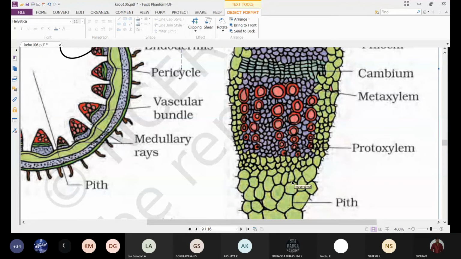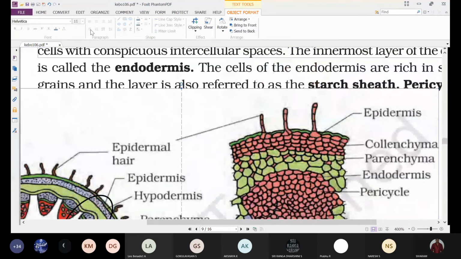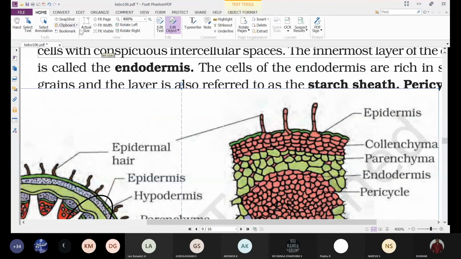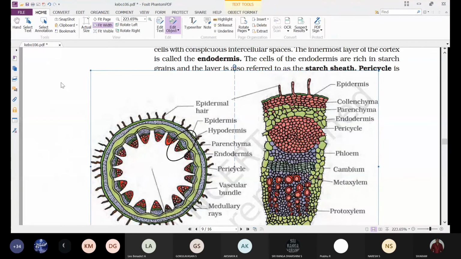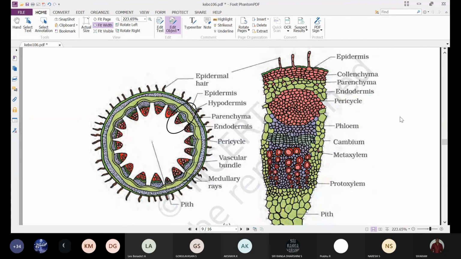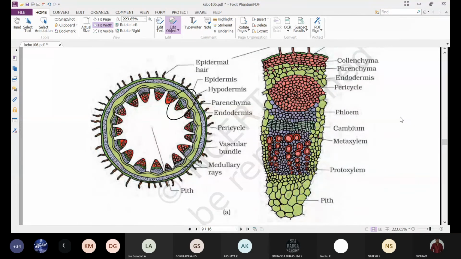All the tissues we are able to see here: parenchyma, collenchyma, sclerenchyma, everything. That is about this dicotyledonous stem.